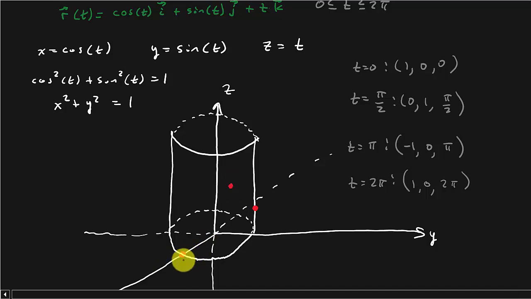And then we've got the point 1, 0, 2 pi. So that's going to be maybe somewhere up there like that. And so when I draw this, it's coming around like this. Okay? It's coming around like this.